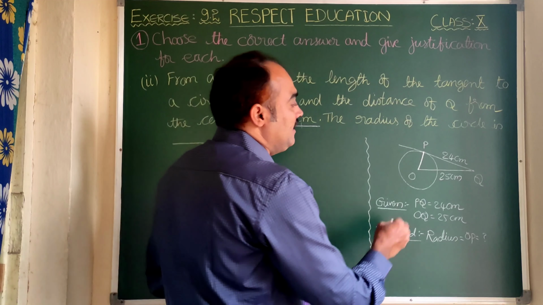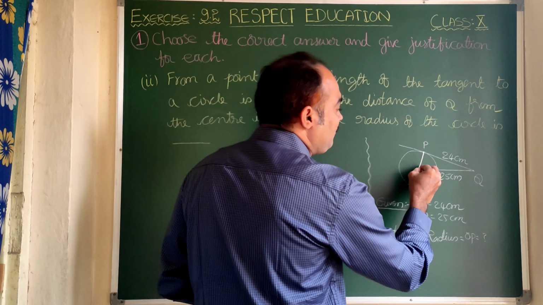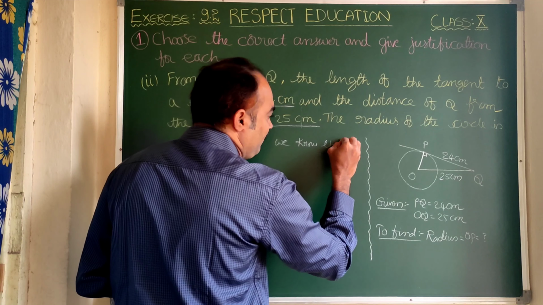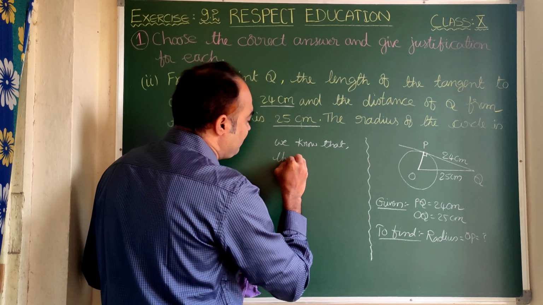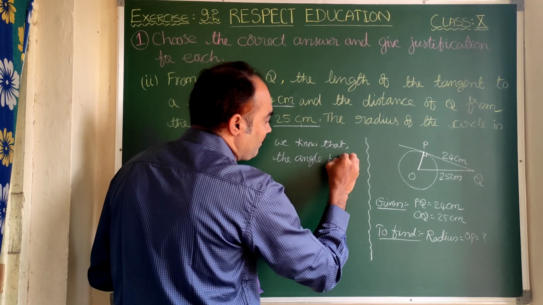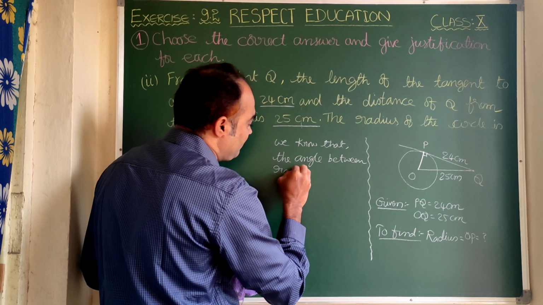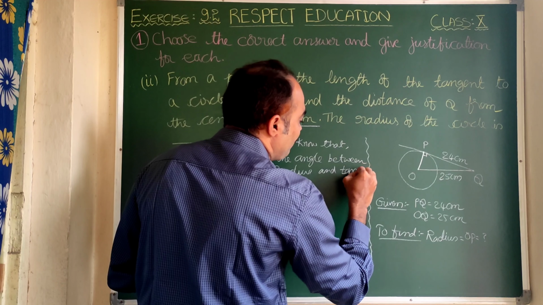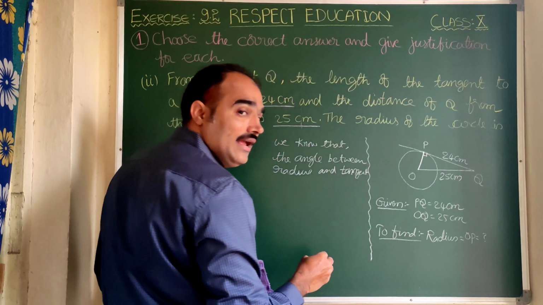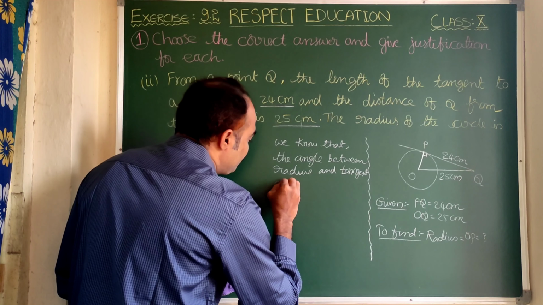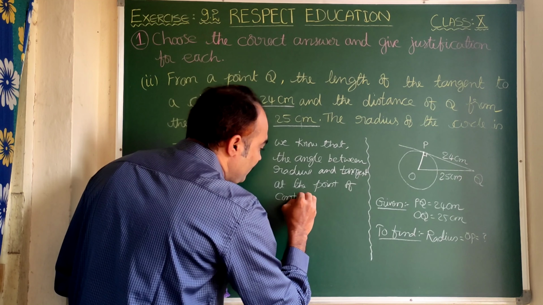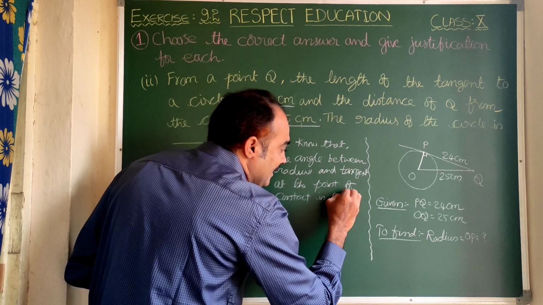Now, as we know, the angle between the radius and the tangent at the point of contact is 90 degrees. So here we can write that we know that the angle between radius and tangent at the point of contact is 90 degrees.